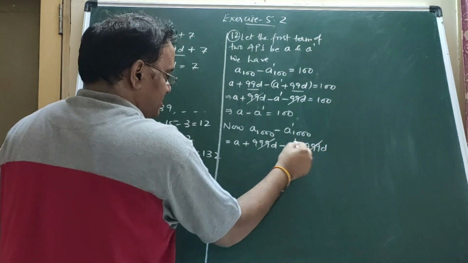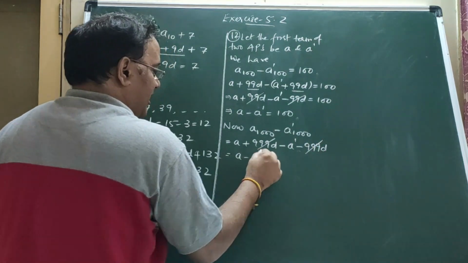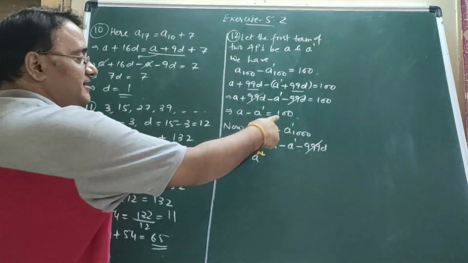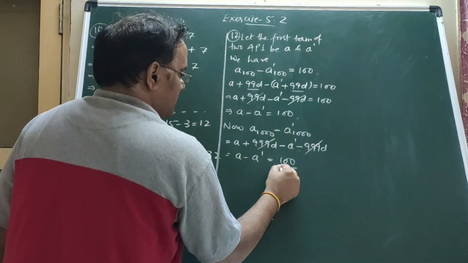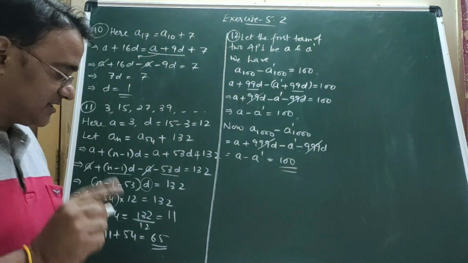So now these two will be cancelled and what we are getting, a minus a dash only and that is equals to 100. So उनका डिफरेंस भी 100 होगा. So this is the answer.